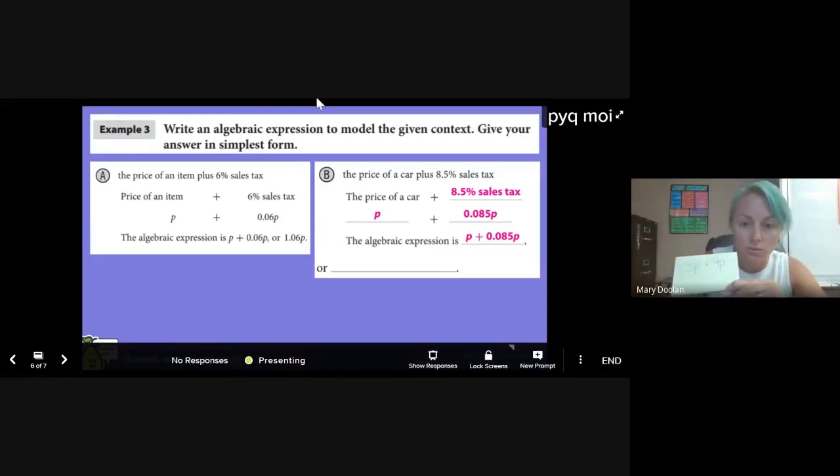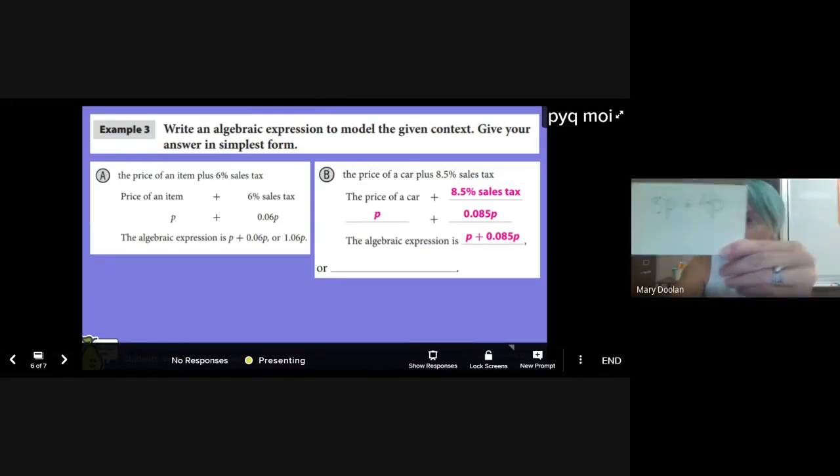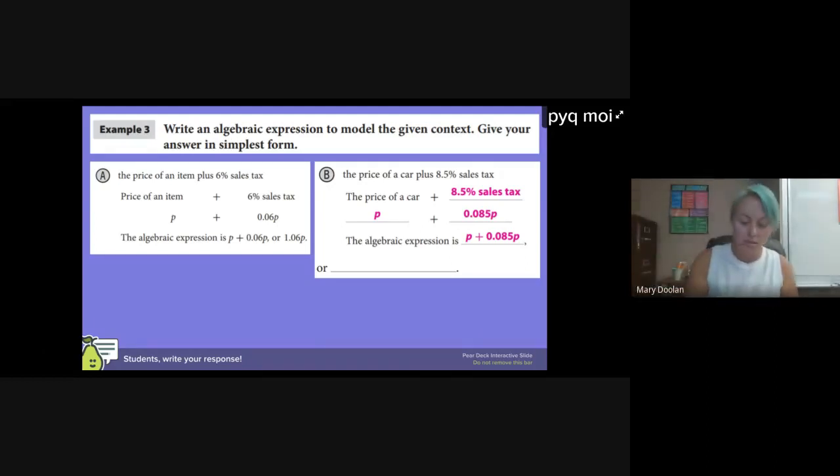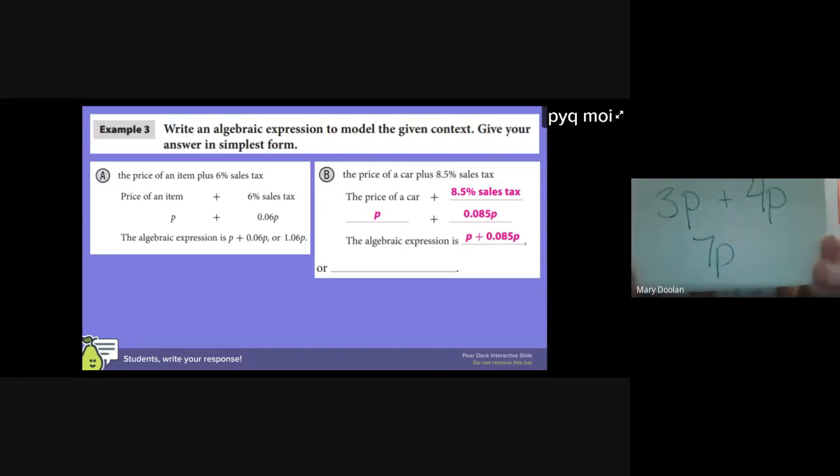Remember seeing something like this before, 3P plus 4P? 3P and 4P are like terms, so we just add their coefficients. 3P plus 4P is 7P. We're going to do the same thing in our Pear Deck slide.